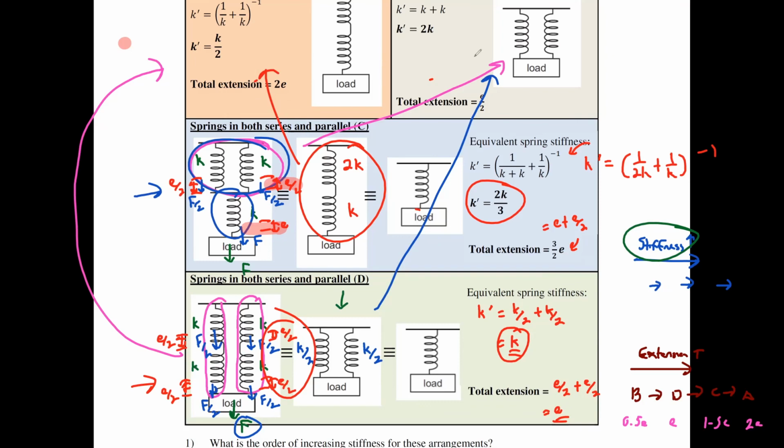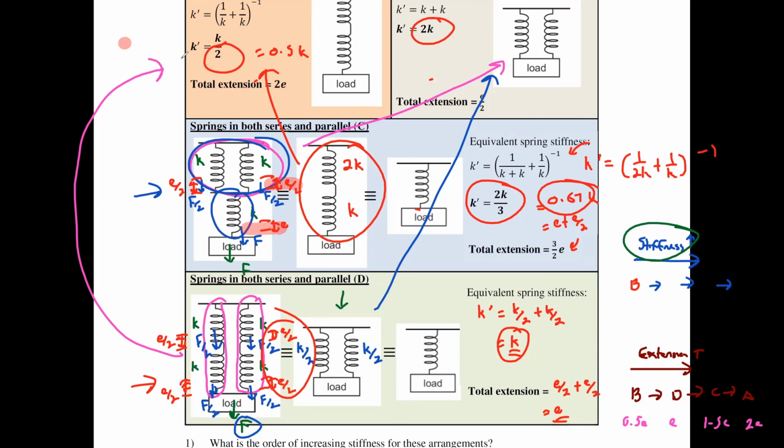The smallest stiffness here is actually B. I keep looking at the wrong thing, sorry. 2K, K over 2, and then K. I'm looking at stiffness. This one is 0.5K. This one is 2K. This one is 0.67K. This one is K. Okay, now this one is easy to see now.